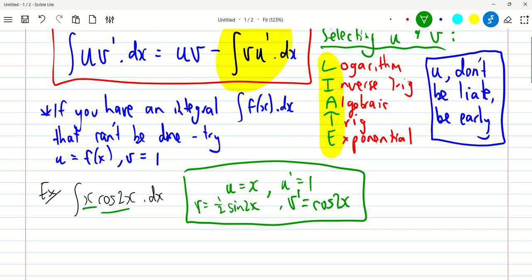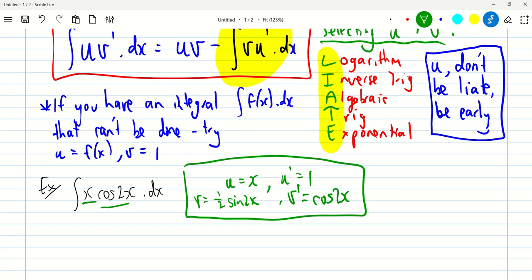And now we're going to apply integration by parts. I'll go to blue. That's the integral of u v dash, and it's going to be equal to u v take away the integral of v u dash dx.